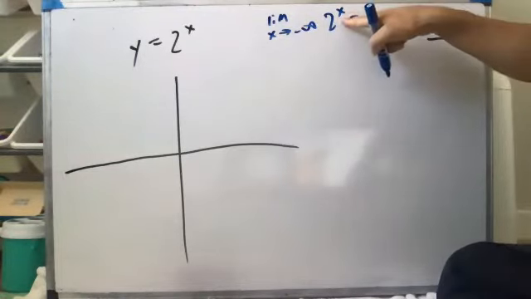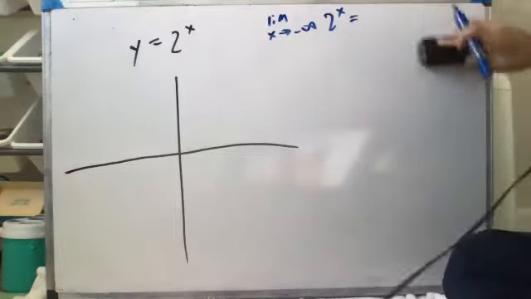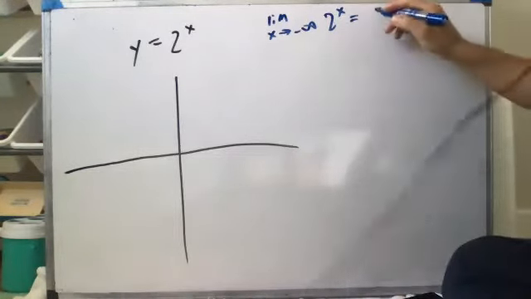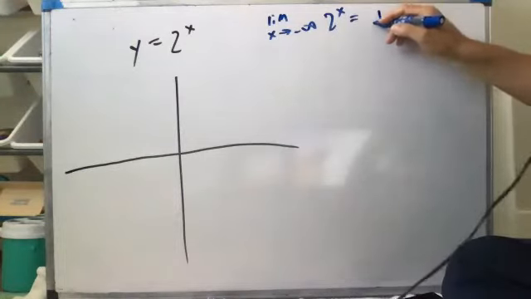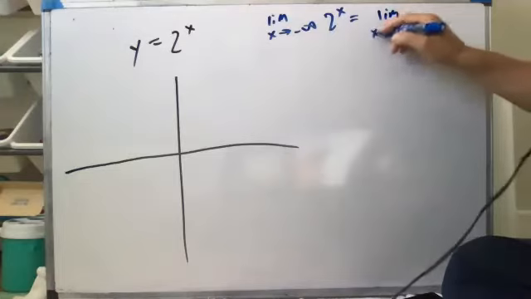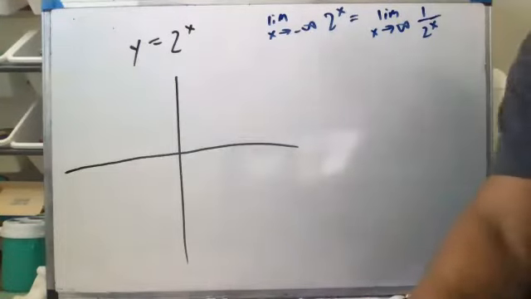Well, this is going to be negative in the top right. When you have a negative exponent, it makes your function flip upside down. So it's the same as the limit as x goes to positive infinity of 1 over 2 to the x.